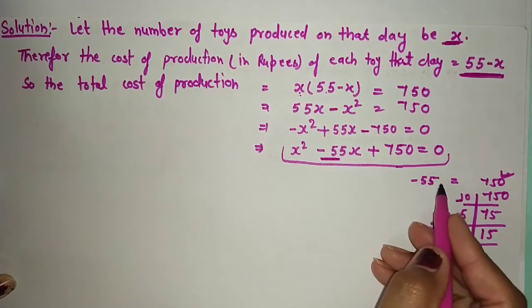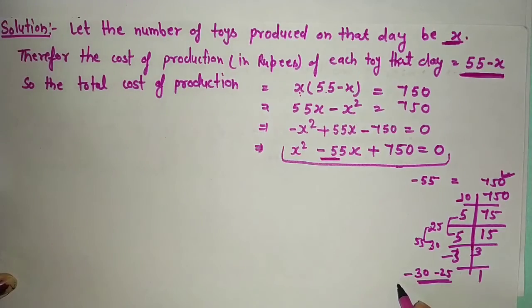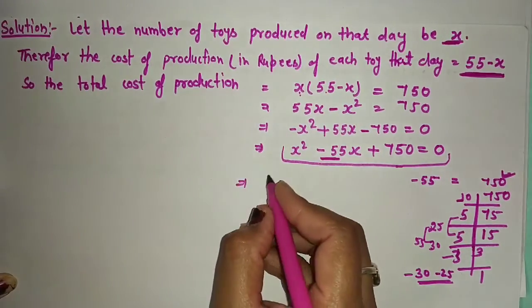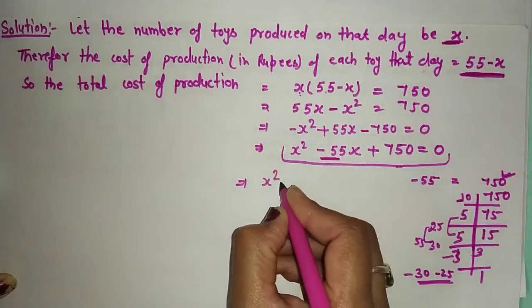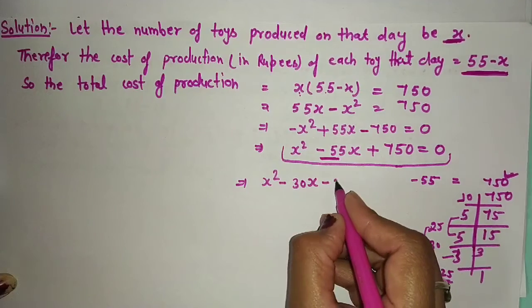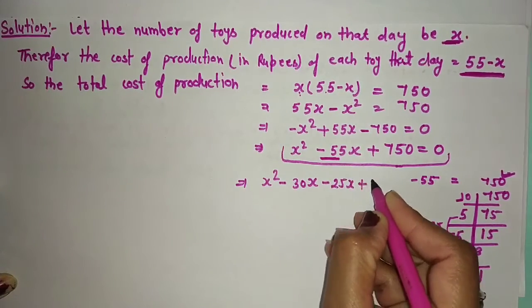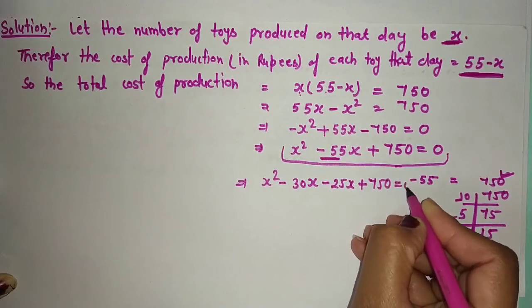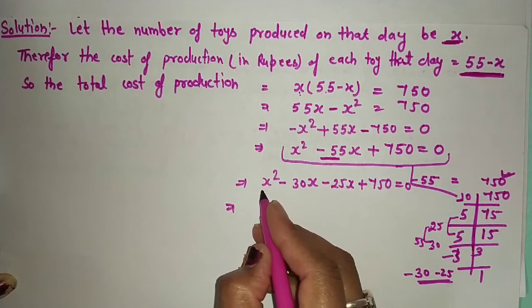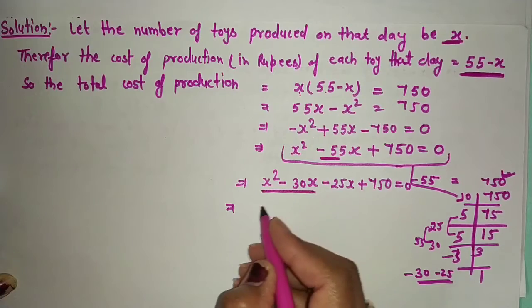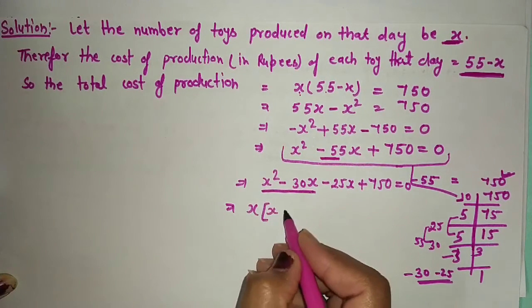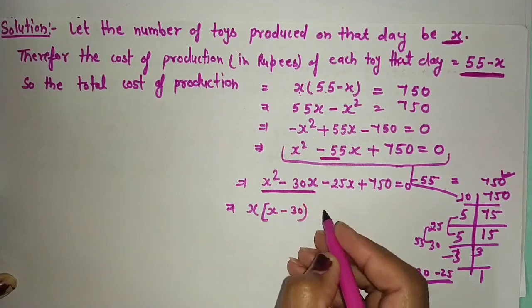Therefore we factor minus 55 into minus 30 and minus 25. We can write it as x squared minus 30x minus 25x plus 750 equal to 0. In these two terms, by taking x as common, the remaining is x minus 30.